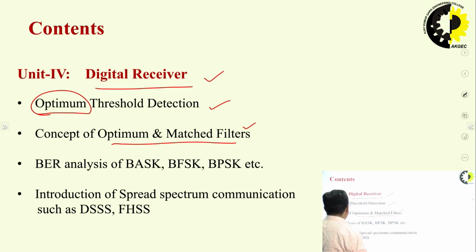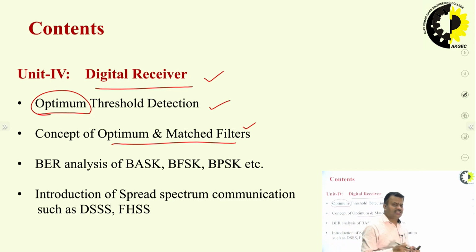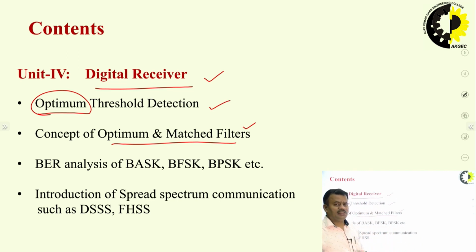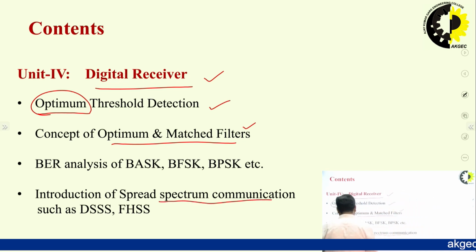Then BER or probability of error analysis of various digital modulation techniques with matched filter, like BASK, BFSK, BPSK, M-ary PSK and so on. Then an introduction to spread spectrum communication like DSSS and FHSS. These are the main contents of your unit number 4, whose title is digital receiver.